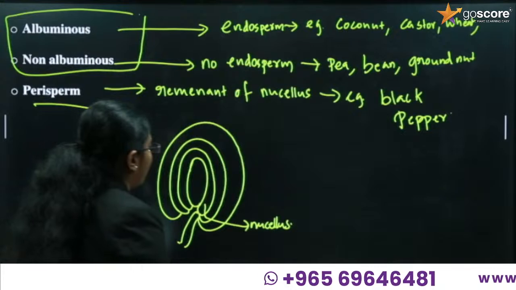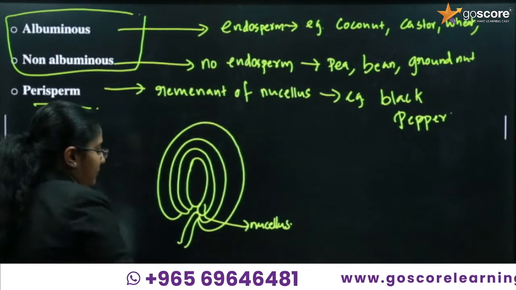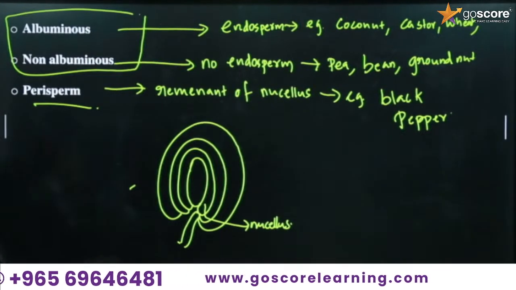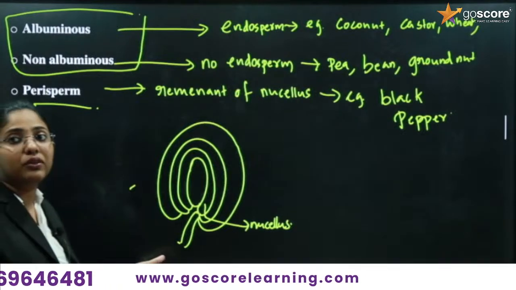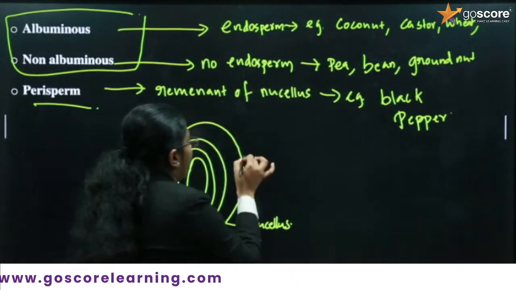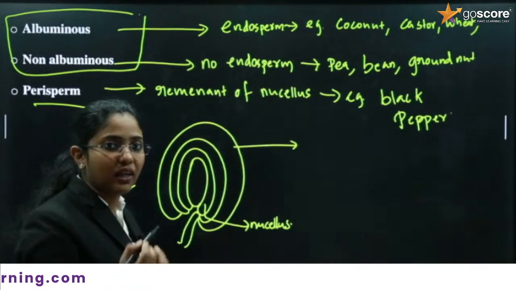Next we have to study what happens to the outer covering. I told you that the fertilized ovule we call the seed. The outer covering is the outer integument.